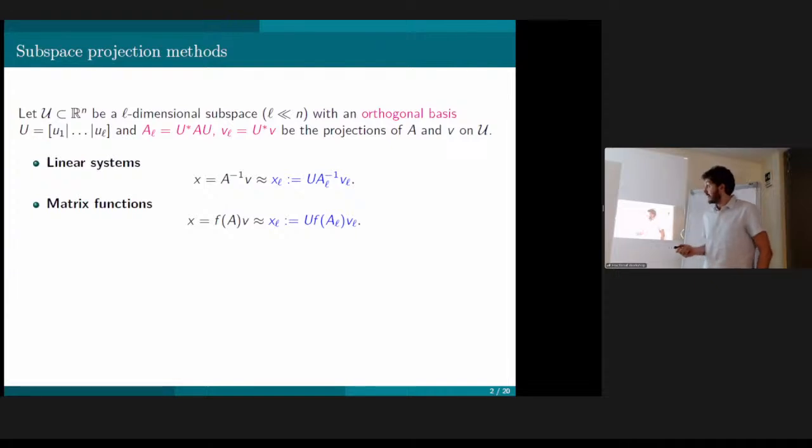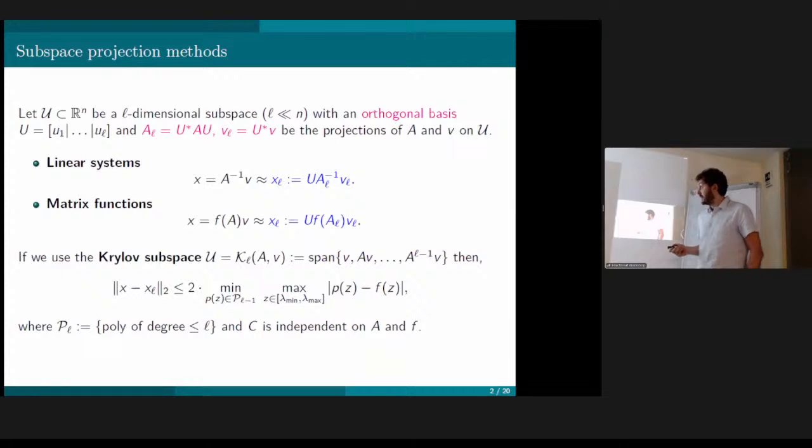Then you project the solution back to the original space by multiplying with U. This is convenient because you have to deal with small matrices and vectors. For example, here you can do it directly by diagonalization, because this is still a Hermitian matrix, so you can do this operation safely. The quality of this approximation of course strongly depends on how you choose the subspace spanned by U.